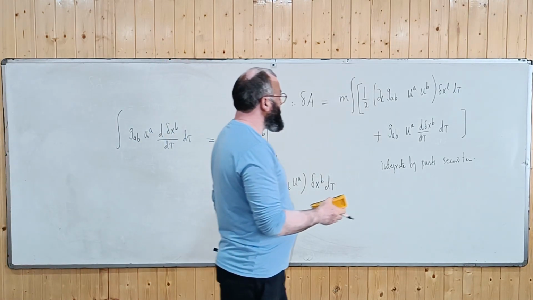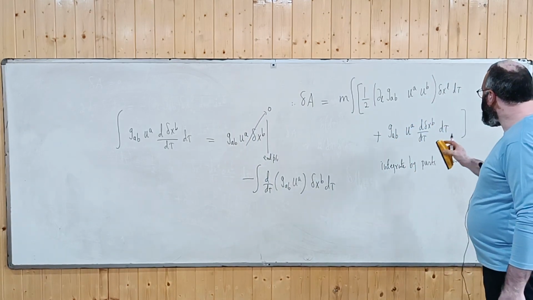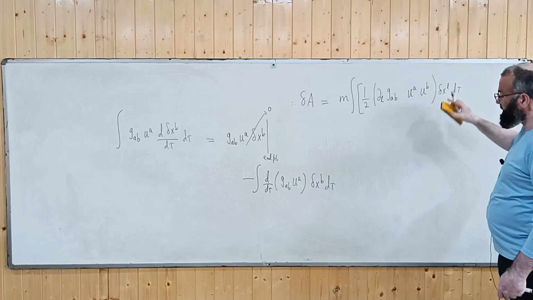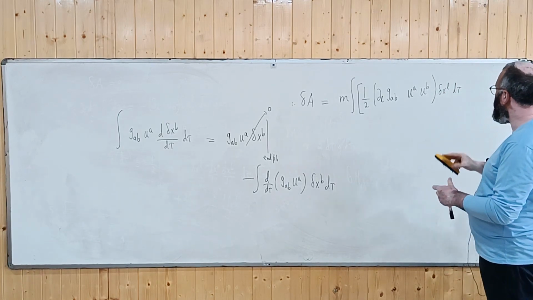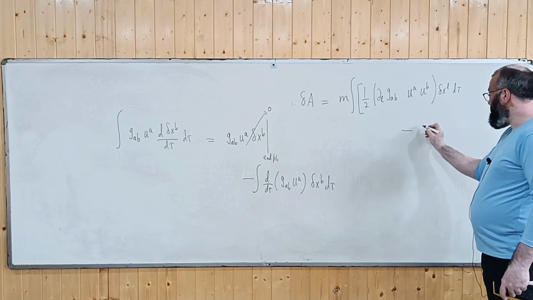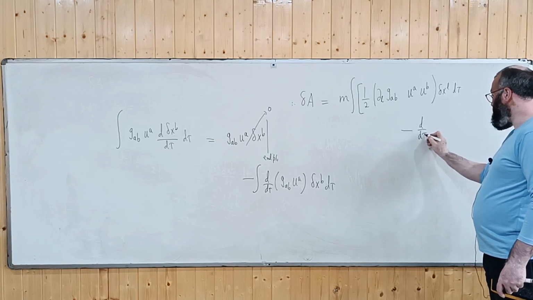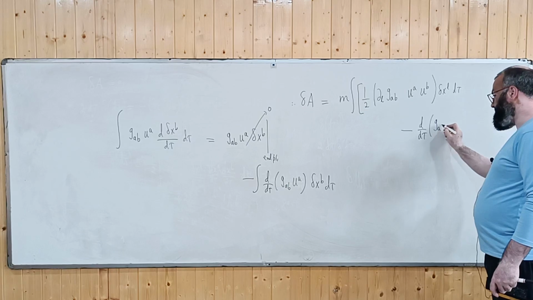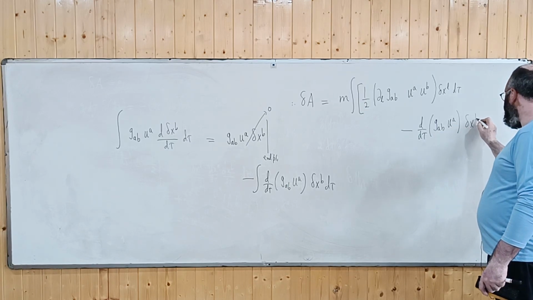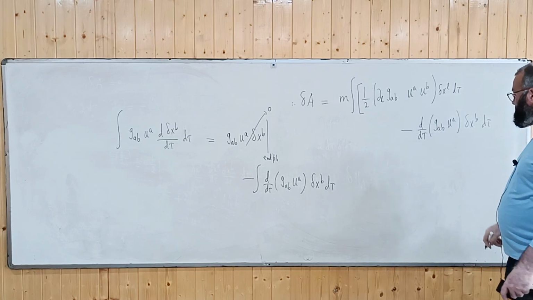Okay, so it means I will write this equation as, like, so you are having, okay, so the first term goes, so it's minus d by d tau, okay, GAB UA, then you are having this delta xb d tau.